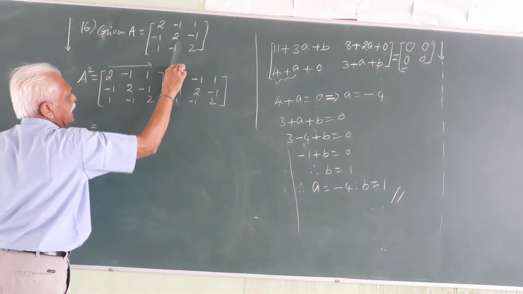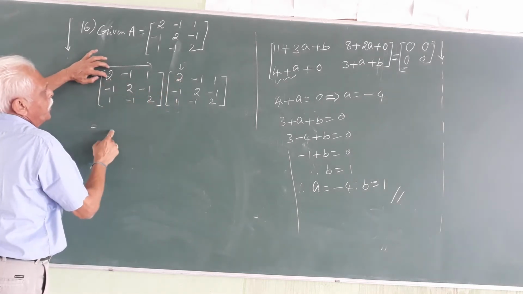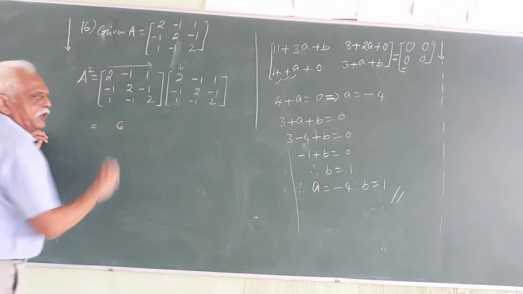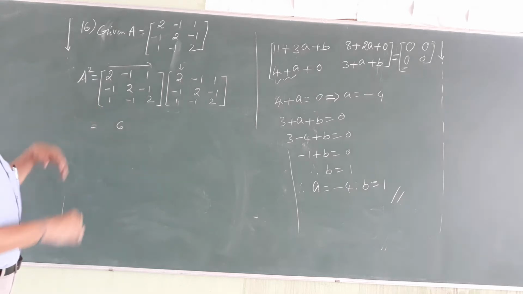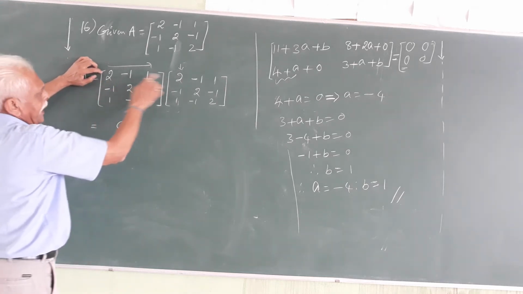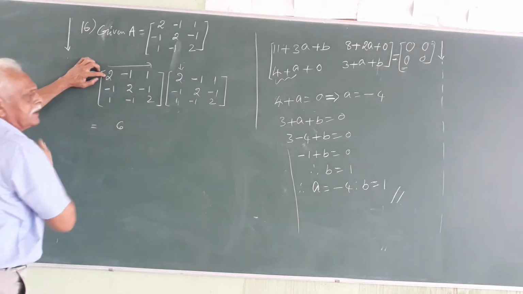This row into this column directly I am answering. 2 2s are 4 plus 1 plus 1 is 6. You must be thorough with multiplication. I cannot keep on writing product of first two elements then second elements like that.